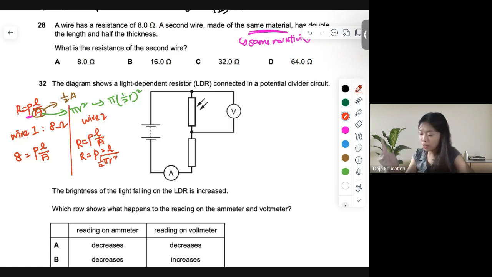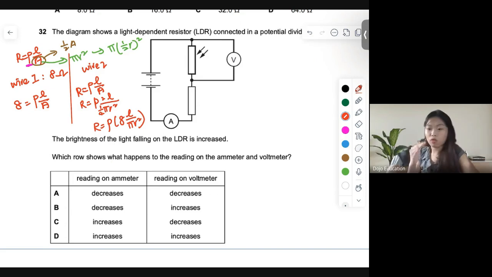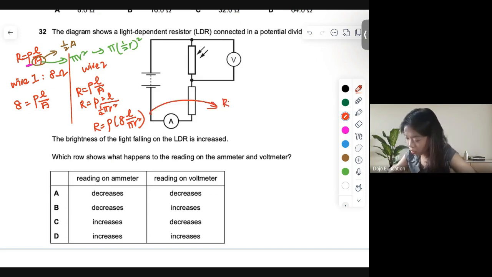And this is how my wire 2 would look for the resistance. Then I can simplify it: R equals rho, and then 2 divided by 1 over 4. 2 divided by 1 over 4 is 8. So 8L over pi r squared. Then continuing here, R equals 8, I move the 8 in front, rho L over pi r squared. Pi r squared represents what? A, right?